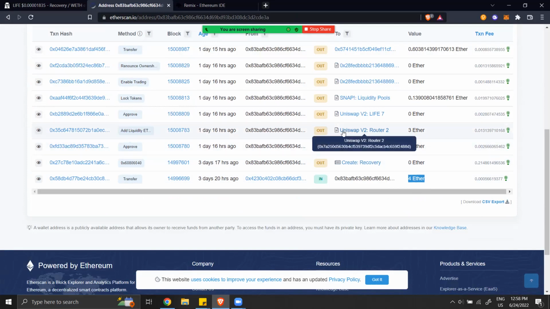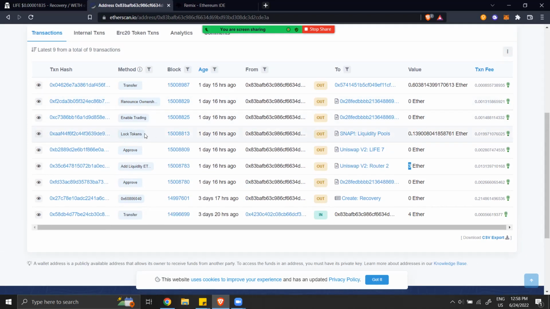Then he created a pair on Uniswap with 3 Ether. When you deposit some tokens on a pair, you get a proof of deposit. This is called an LP token, for liquidity provider token.